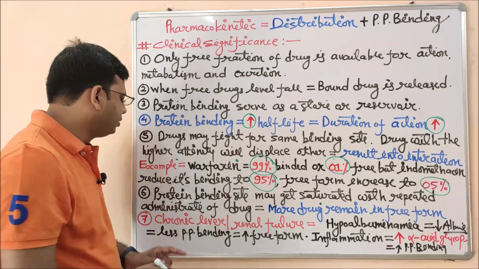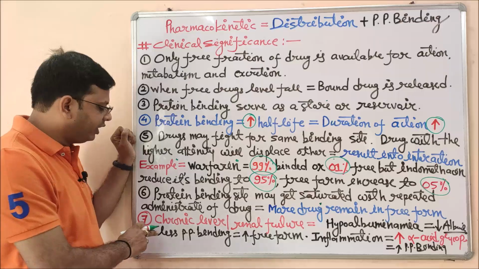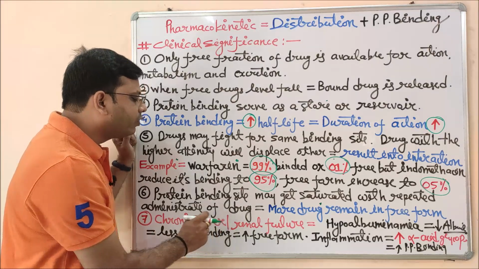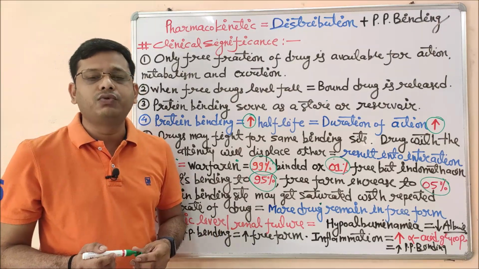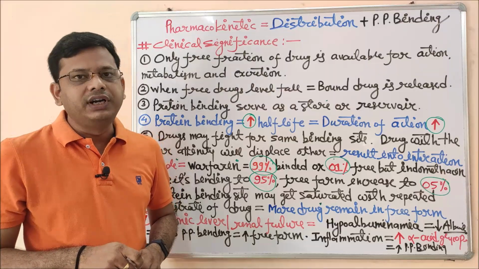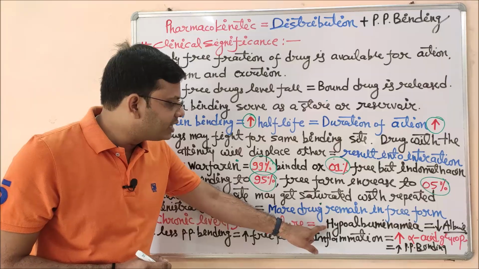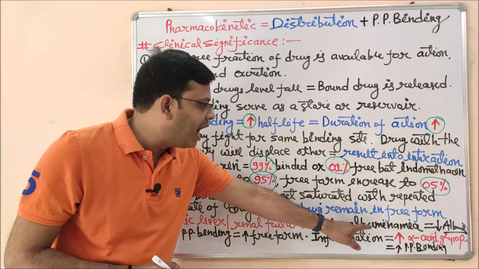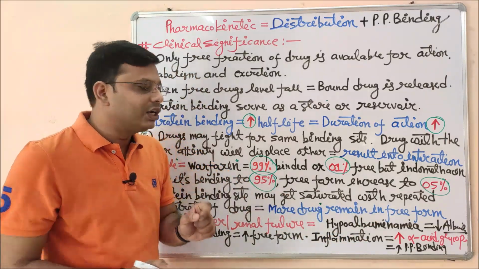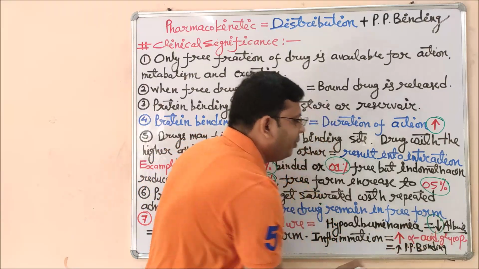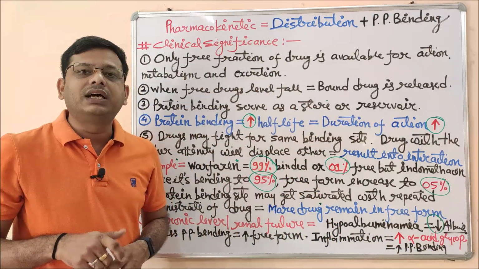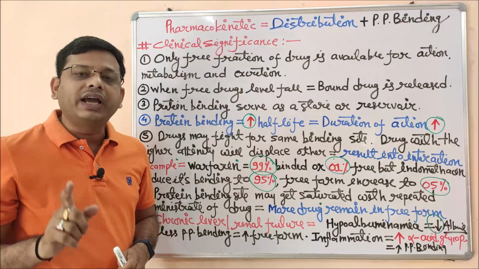That is an important one. There are two more important phenomena regarding this: chronic liver or renal failure. In patients having chronic liver failure or renal failure, that means kidney failure, there is a condition called hypoalbuminemia, that means a reduction in the amount of albumin. You know very well, albumin is a plasma protein binding site for acidic drugs.